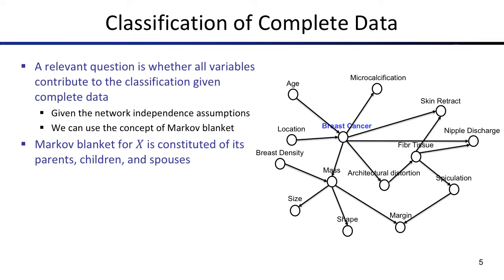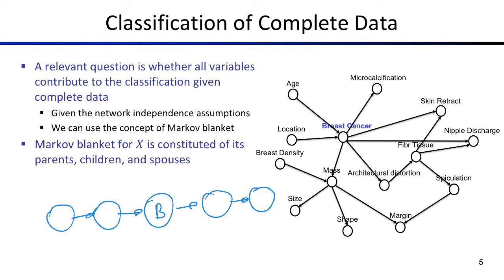So when you have the complete data, we have instantiations for all possible variables. It means that we have a variable breast cancer here, and we have other variables that connect to breast cancer. I'm going to make a chain to make the explanation very simple, but it could be different.